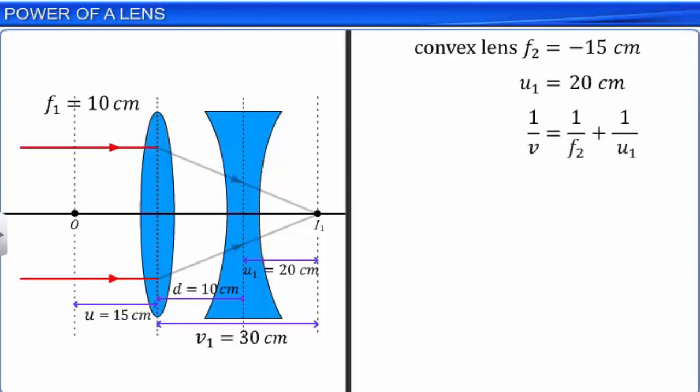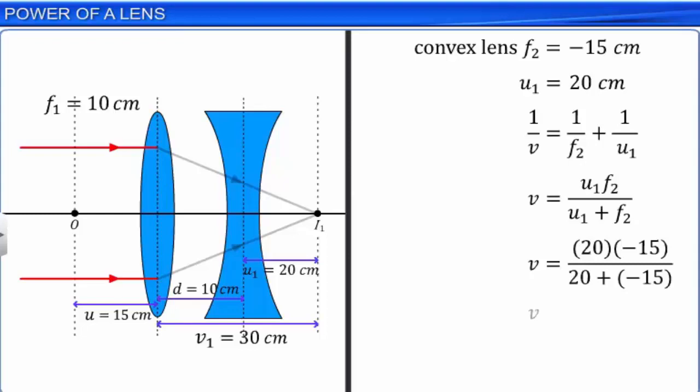The negative sign indicates that the final image is formed to the left of the concave lens at a distance of 60 cm. Note that the virtual object is in between F and 2F of the concave lens, and hence the rays are diverged to form an image to the left of it.